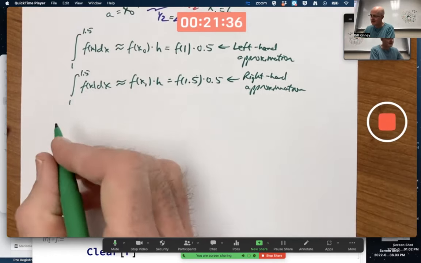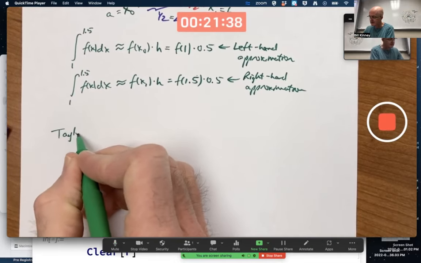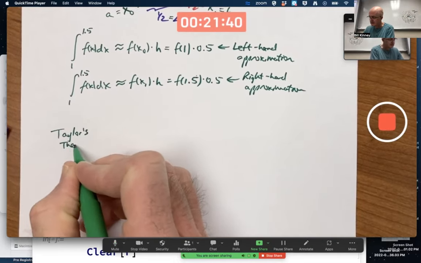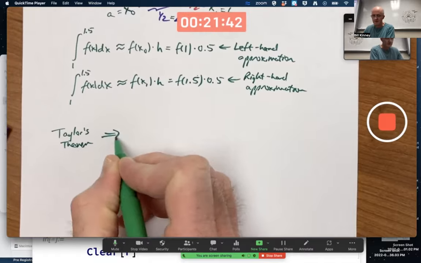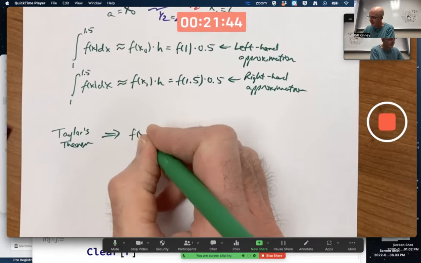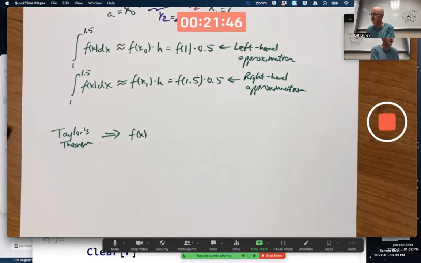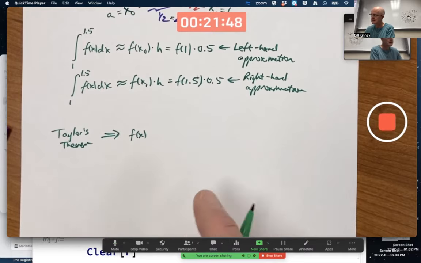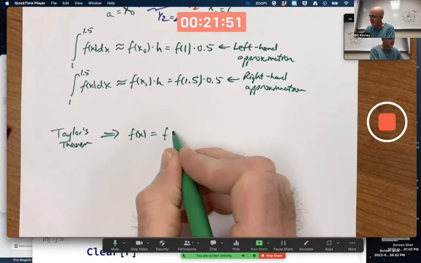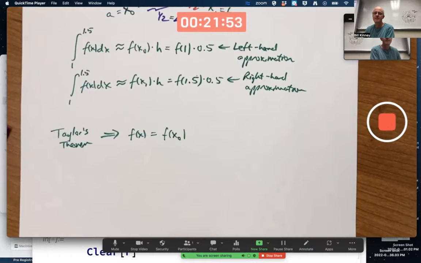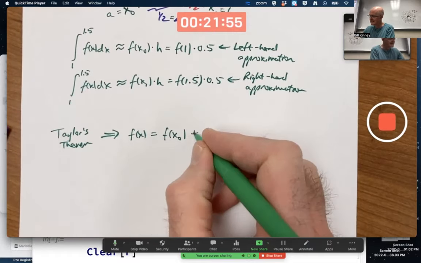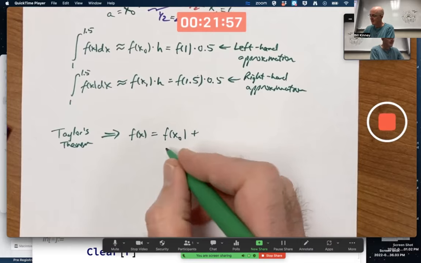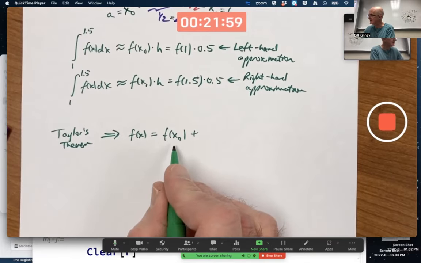I can write by Taylor's theorem, for example, that f of x, which yes, is still the 1/x function, but I'm going to write down the general formula here, is f of x0 plus, well, that's the constant approximation. That's the degree 0 approximation.